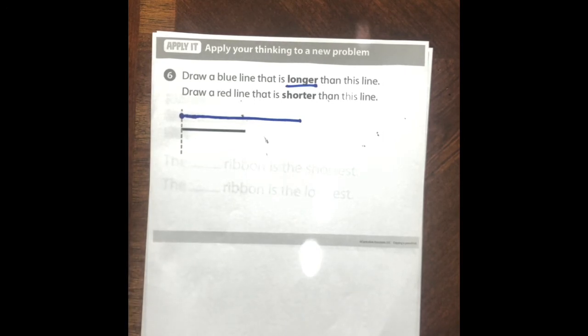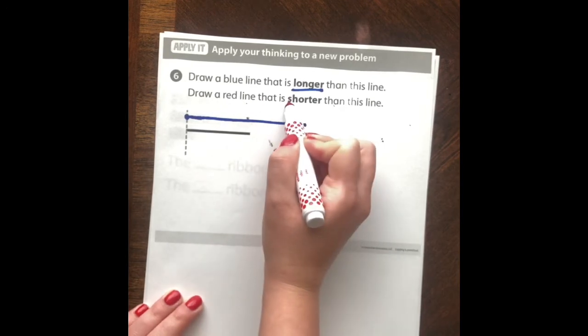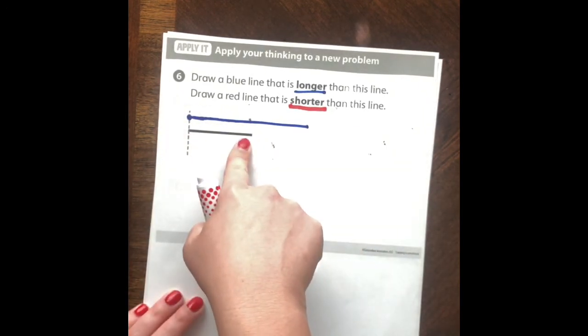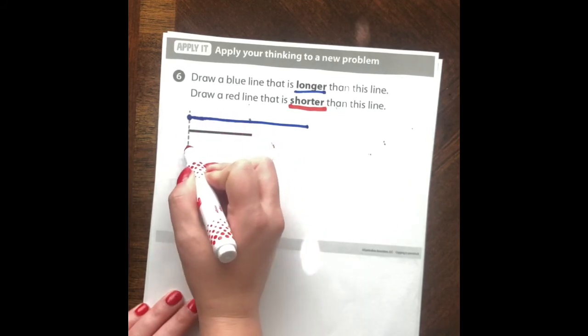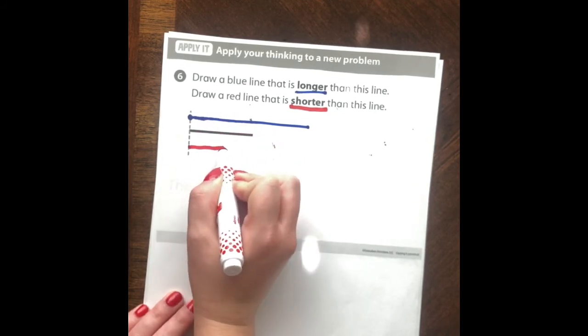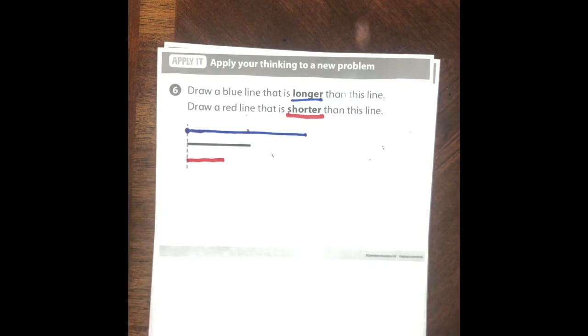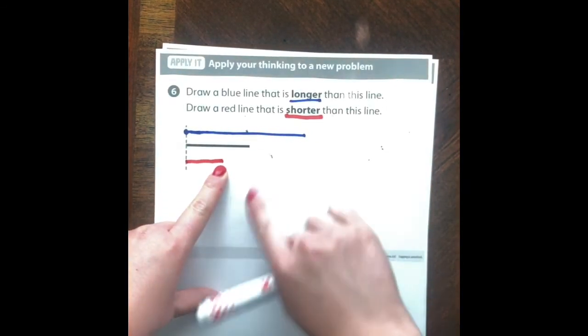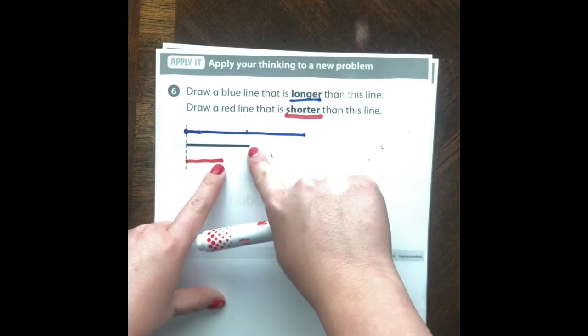Yes. Next, we need to draw a red line that is shorter than this line. So I'm going to start on my dotted line again and draw a very short line. Do you see how this red line is shorter or smaller than this line?